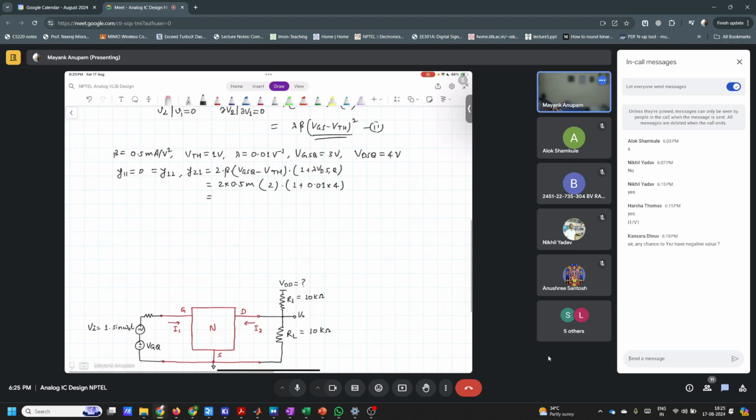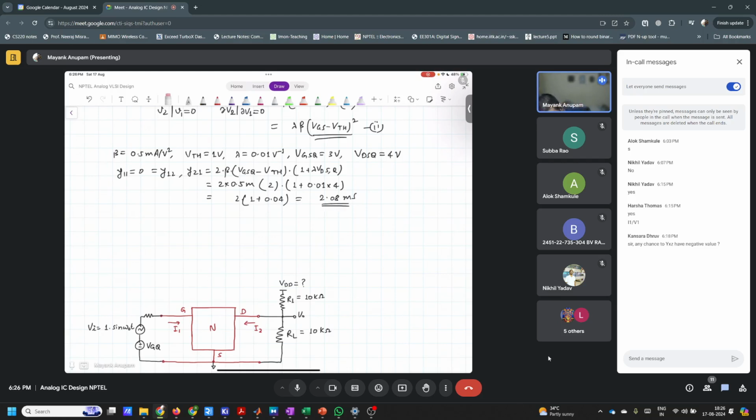It is 2.08. How much is this? 2.08. Sure, is it 2.08? 2 into (1 plus 0.04). So yes, 2.08, correct. Millisiemens, correct?